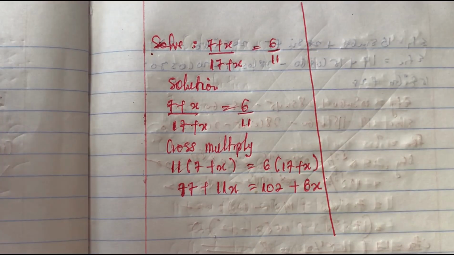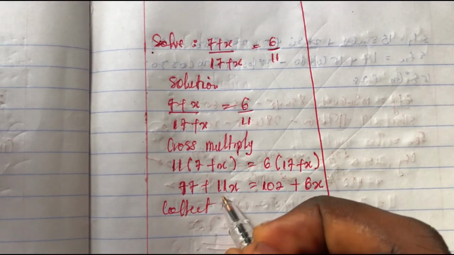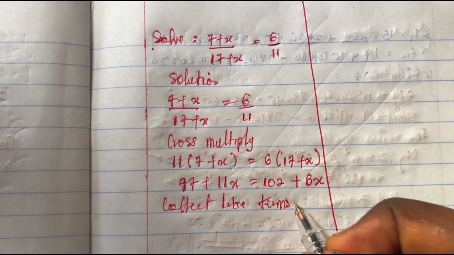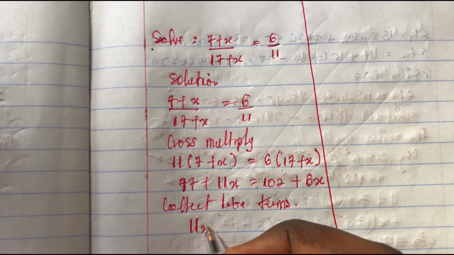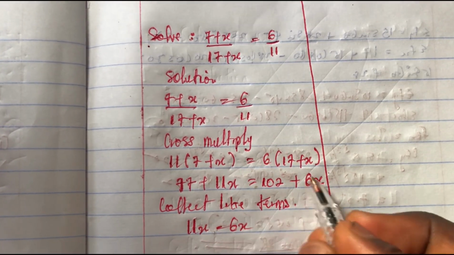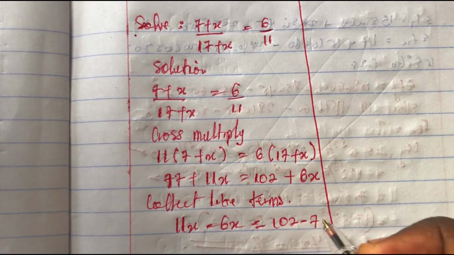Next we can collect like terms, those ones that look alike, on one side. So we can see here 11x minus 6x, because if you transfer this, negative 6x, is equals to 102 minus 77.